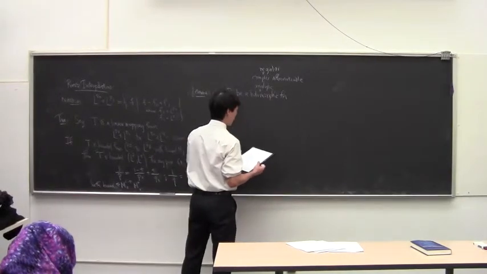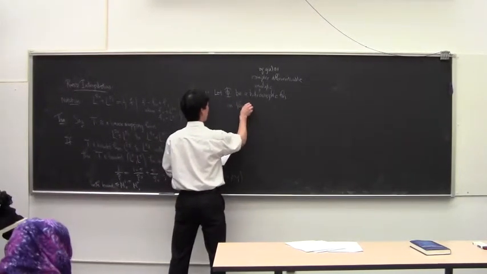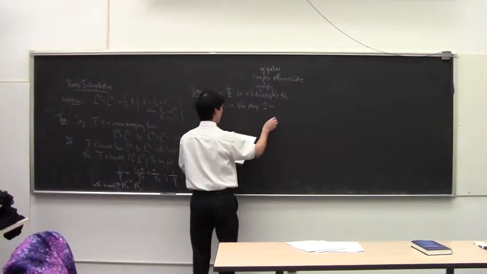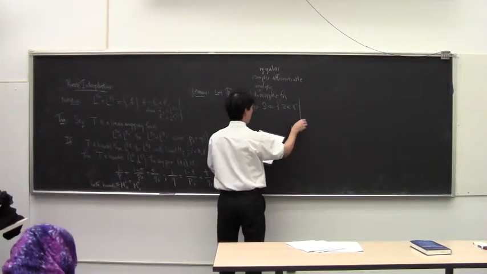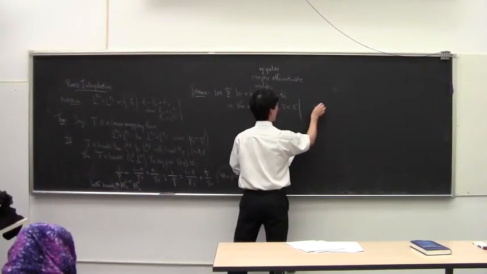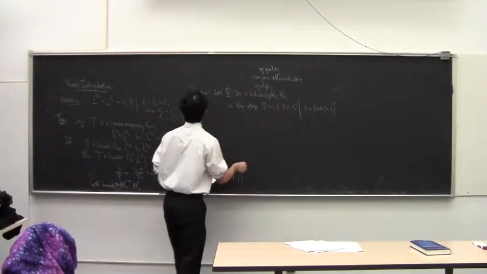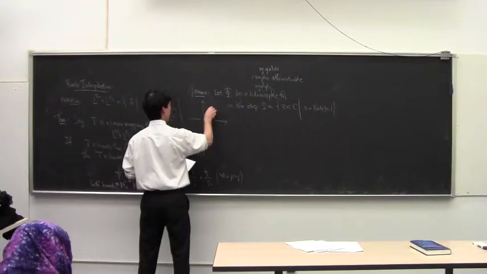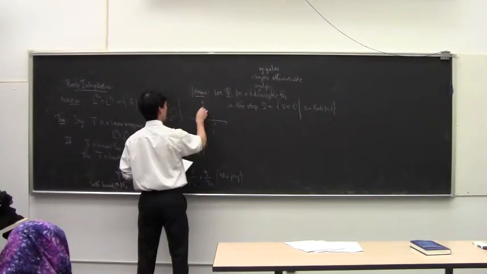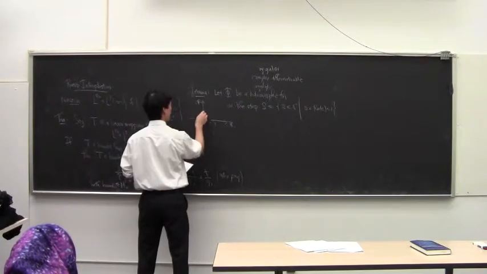So let phi be a holomorphic function on the strip S. The strip S is the set of z for which the real part of z lies between 0 and 1. So you have a complex plane, and here's 1, here's R, here's iR.